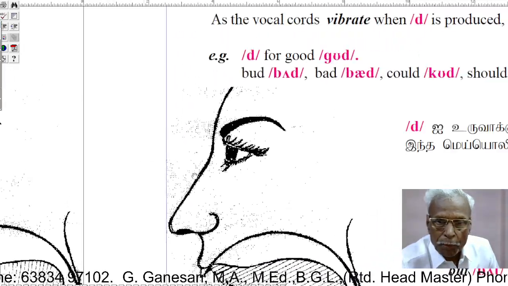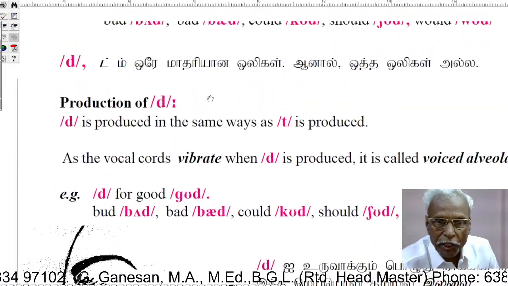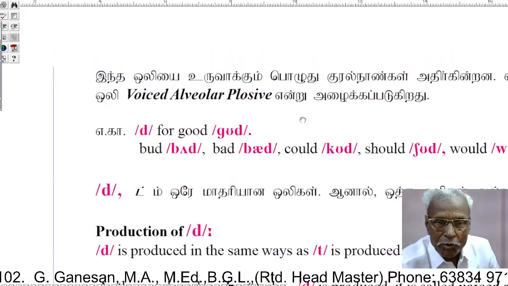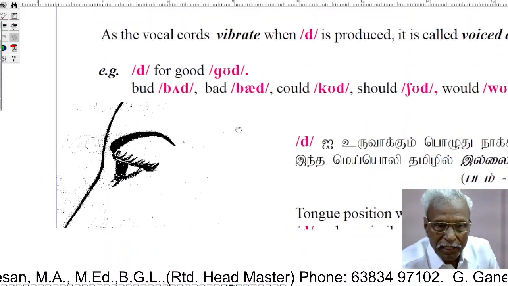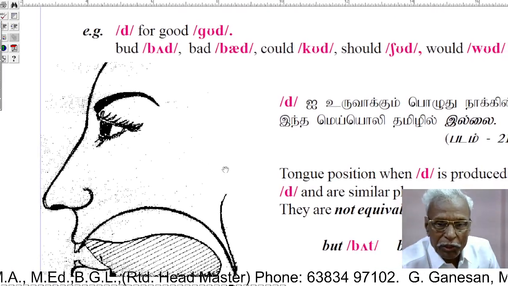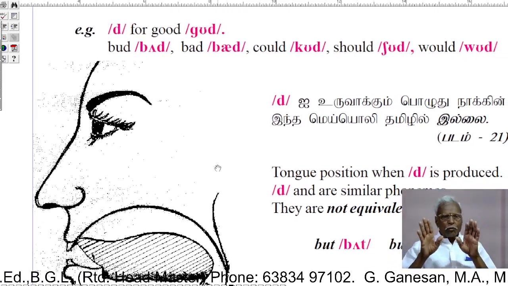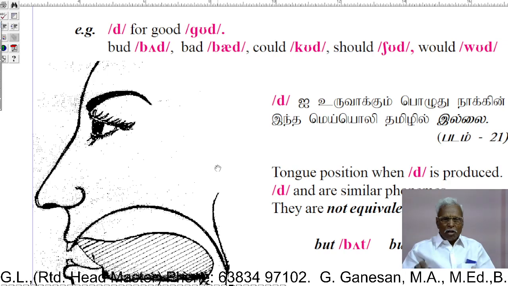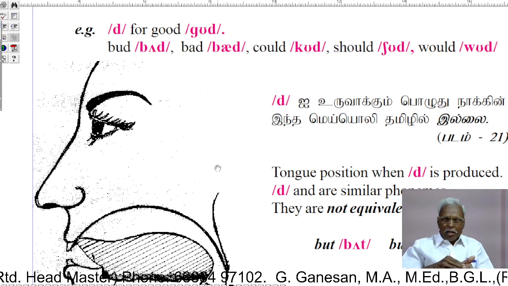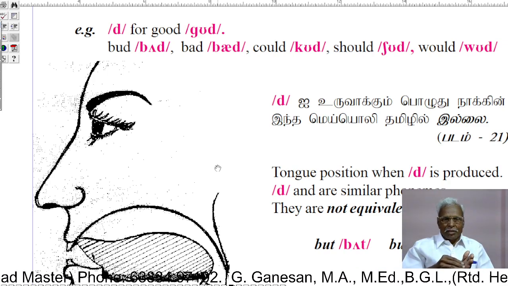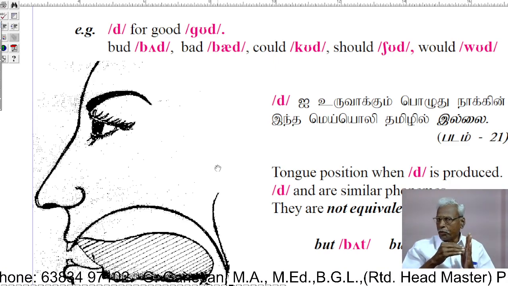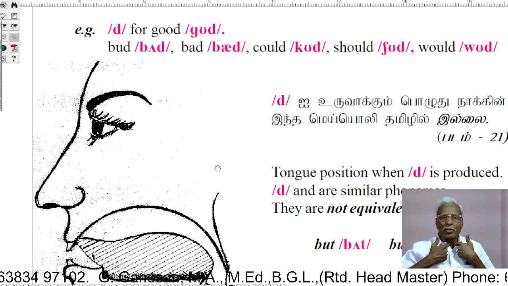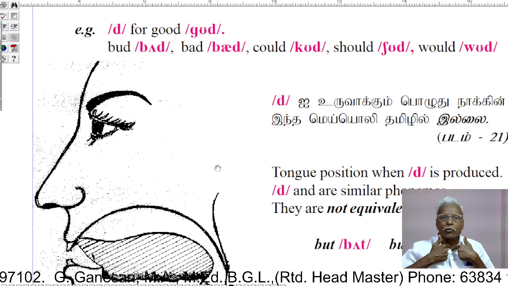Let us see how the counterpart of this phoneme is produced. The two phonemes are produced with the tongue at a particular place, with the tip of the tongue at the upper teeth ridge, but they are differentiated on the basis of the vibration of the vocal cords.